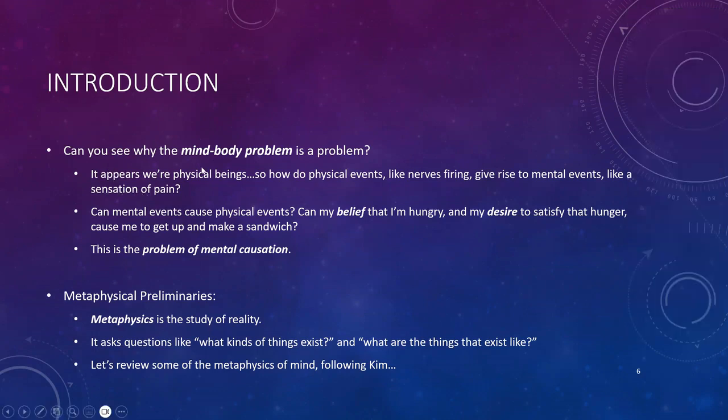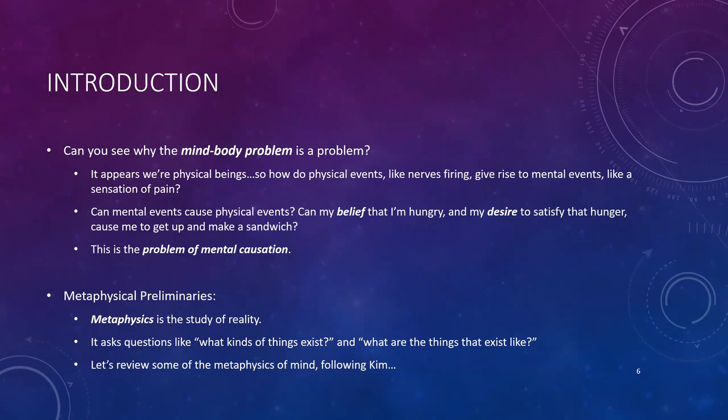We are physical beings. We have bodies made of matter, brains made of matter, and events in the environment, which are also physical events, can affect our nervous system, which causes physical changes like nerves firing, which gives rise to physical changes in the brain. And this gives rise to mental events. Like imagine stubbing your toe.